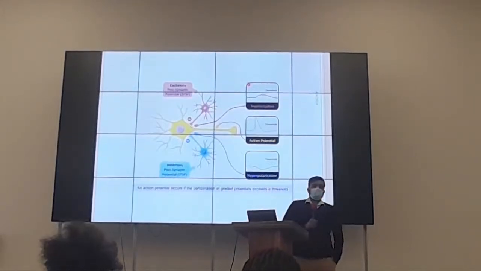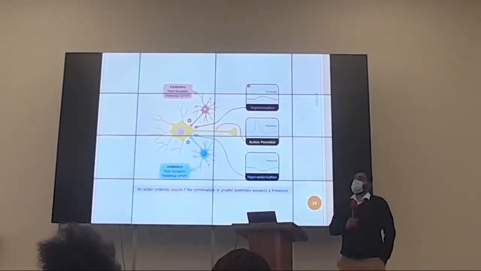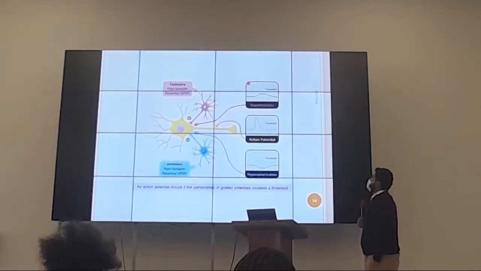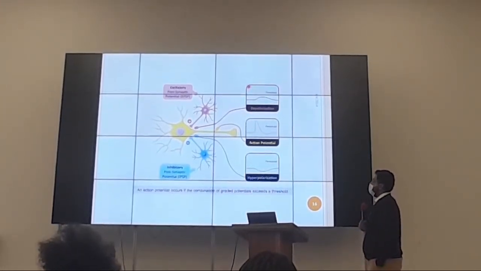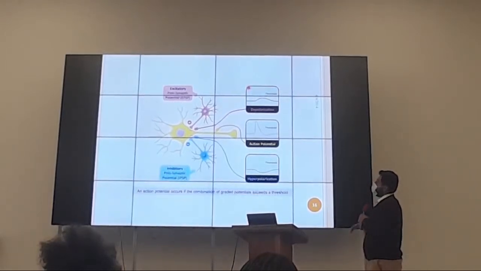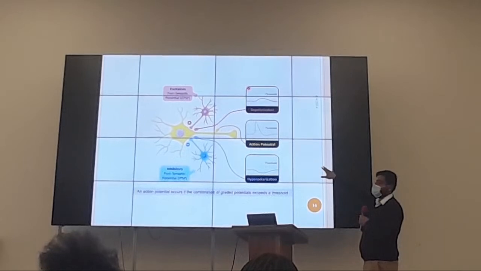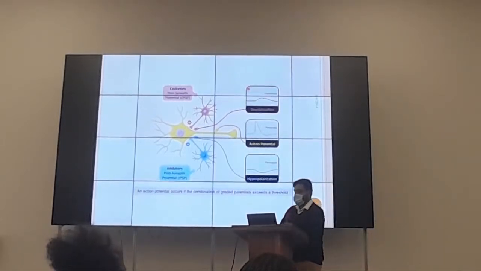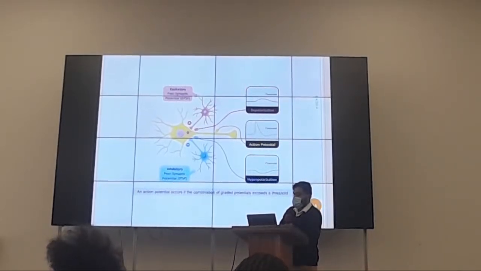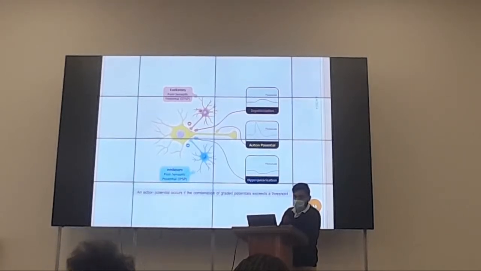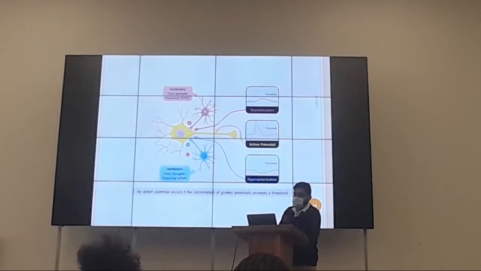So, just extending what we're talking about to other types of synapses, okay? So, we are saying that, and this is basically talking about summation, okay? Let us say you have this neuron, the yellow one. You can see the yellow one, right? Let's say that's the postsynaptic neuron, okay? And you have two presynaptic neurons working on this postsynaptic neuron. One presynaptic neuron is excitatory, okay? The other presynaptic neuron is inhibitory. You get my point?